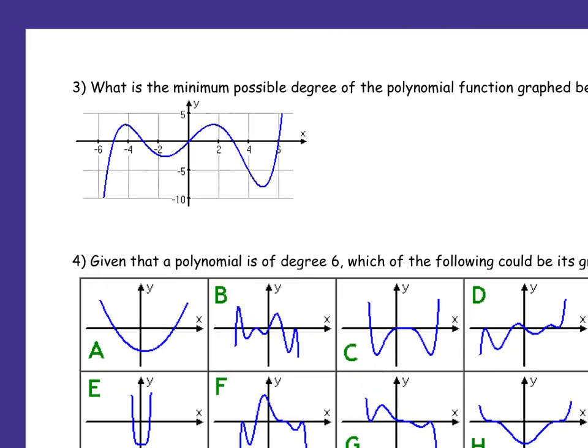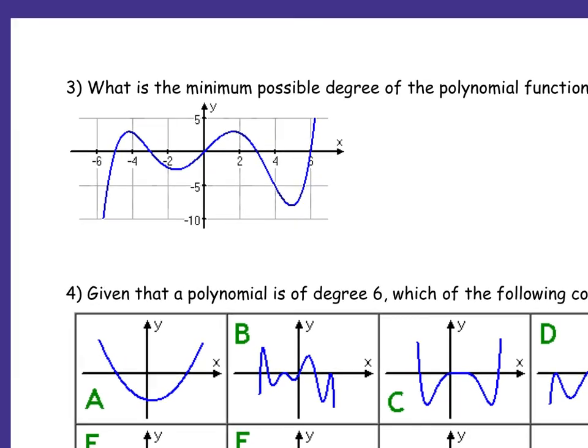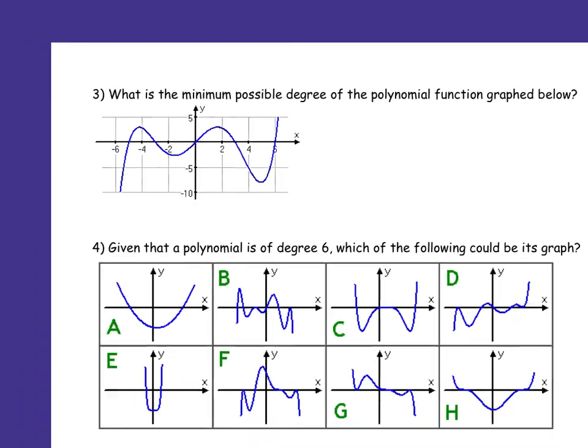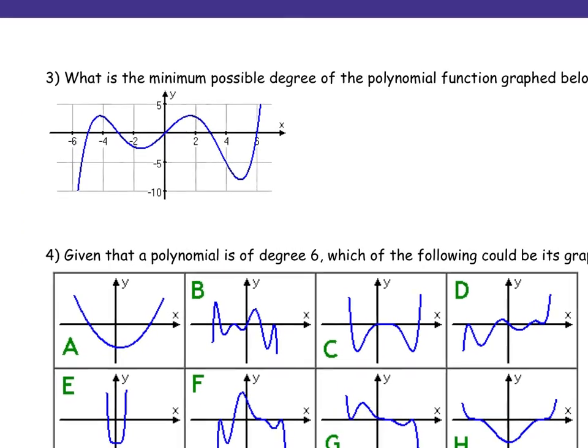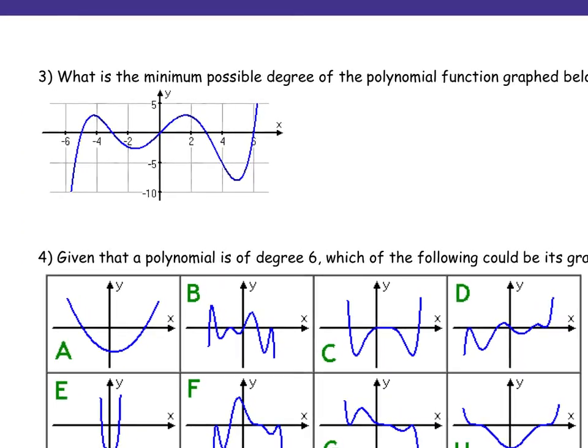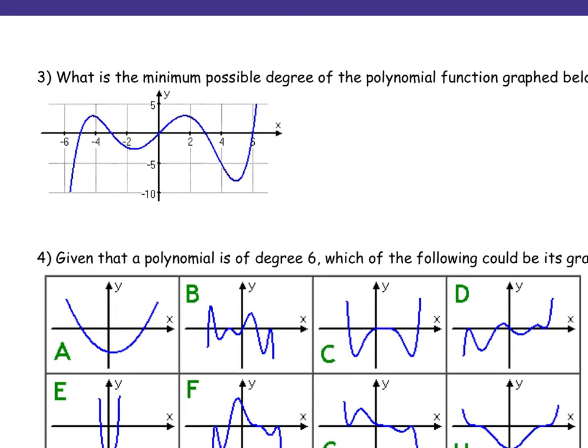So I'm going to zoom this up here. And it says, what is the minimum possible degree of the polynomial function graph below?